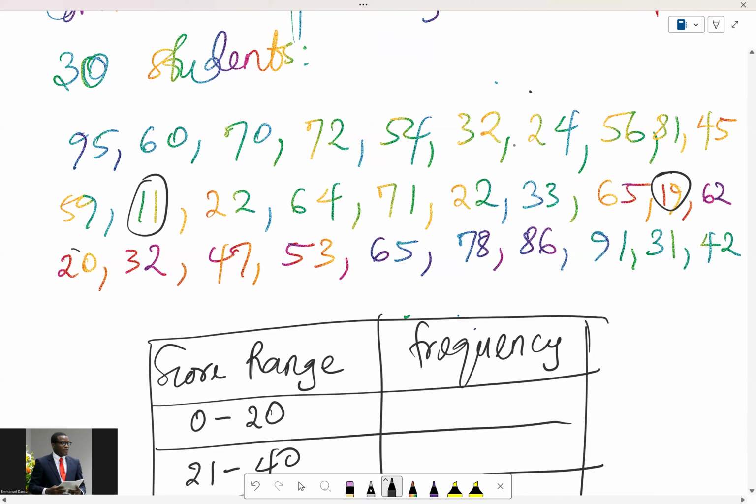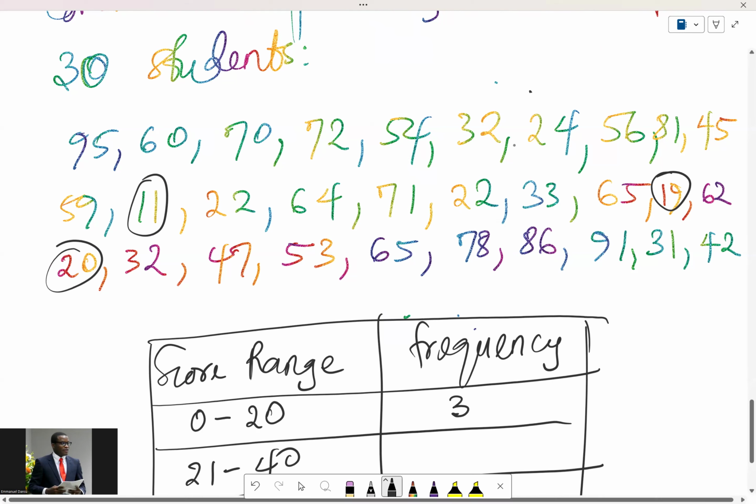What else? 20 is part of that. I think that's all. Now, one trouble with this is if you're in an exam situation, you have to be really careful because you can overlook something, and you may have to keep checking and be sure. So 0 to 20, I think that is all we need. So the frequency of 0 to 20 is 3, right?